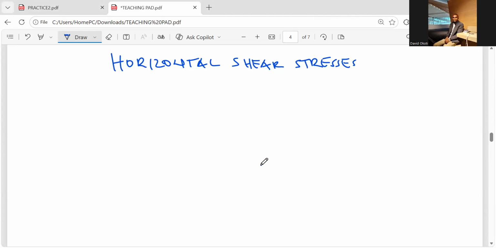From these shear forces, the beam will tend to resist them, and that resistance will be caused by what we call the shear stresses, which will be acting on longitudinal layers of the beam. Because of this, they set up what we call the horizontal shear stresses.